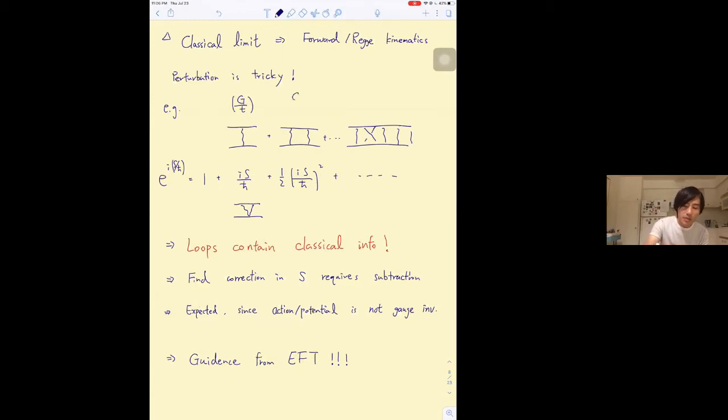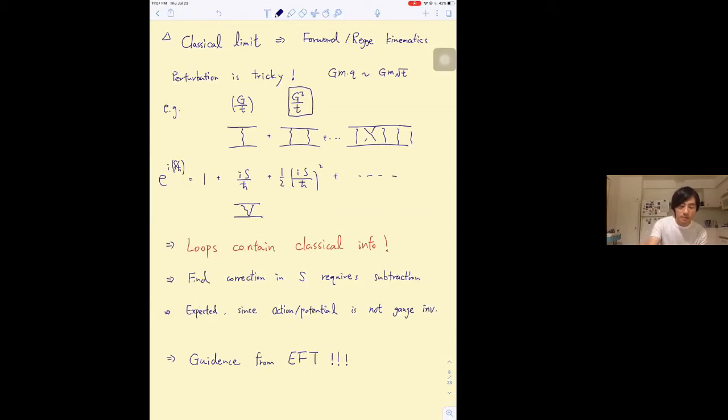At 1 loop, we have G squared. And in the forward limit, all the propagators are nearly on shell. So if you do the counting, you'll find out that the T behavior is also 1 over T. But if you remember, I said earlier that the classical expansion parameter is Gm times Q, which is Gm times square root of T. That means when I have more powers of G, I should have higher powers in T. But that's obviously not the case for this 1 loop piece.